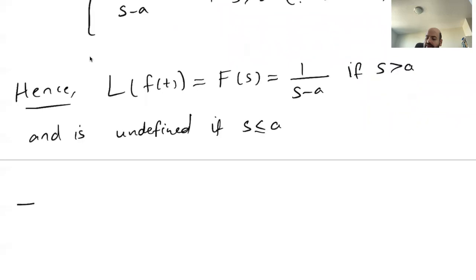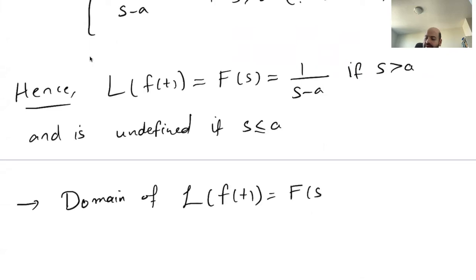So the domain of the Laplace transform of f of t, which is F of s, is the interval a to infinity, because for s bigger than a, the function is defined as 1 over s minus a, and otherwise it is undefined. So the domain is a to infinity.